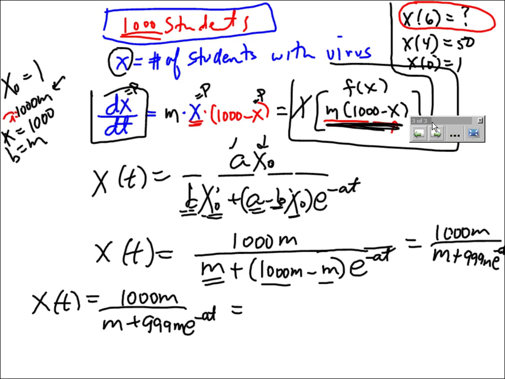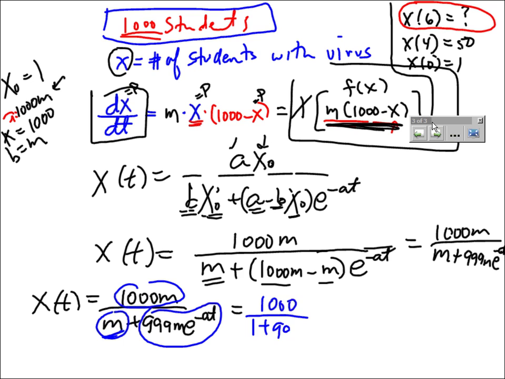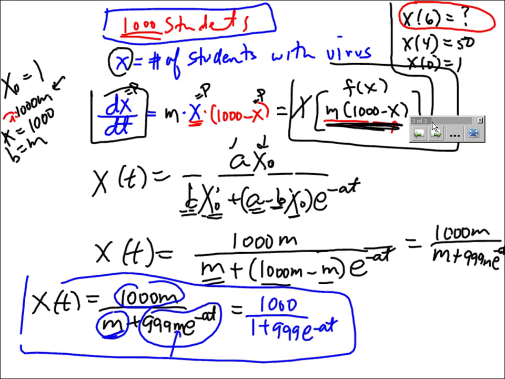I'm going to divide each term by m. The first one on top gives me 1000. Divide this by m, I get 1 plus 999 e to the negative AT. When you divide by m, that m goes bye-bye. So this here is x of t. And I can say one other thing.